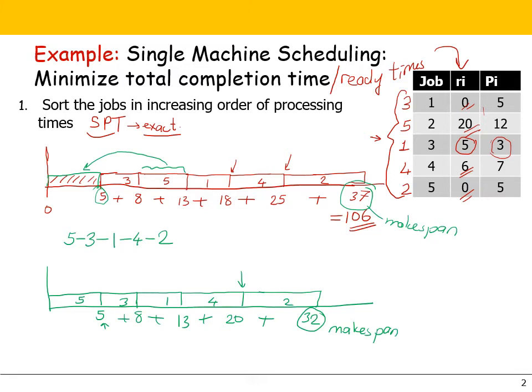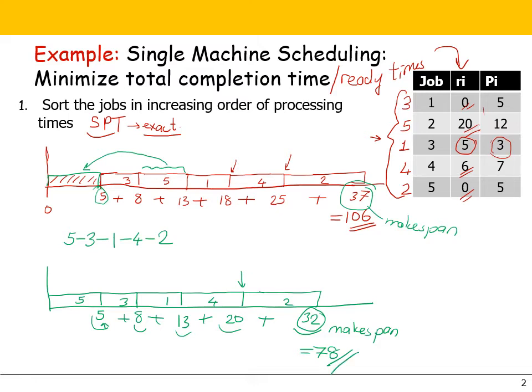But total completion time is the sum of individual completion times of the jobs. Okay, not only the last job, but the completion times of individual jobs. So in this example, with 20 and 32, it will be 78. Okay, the total completion time is 78.